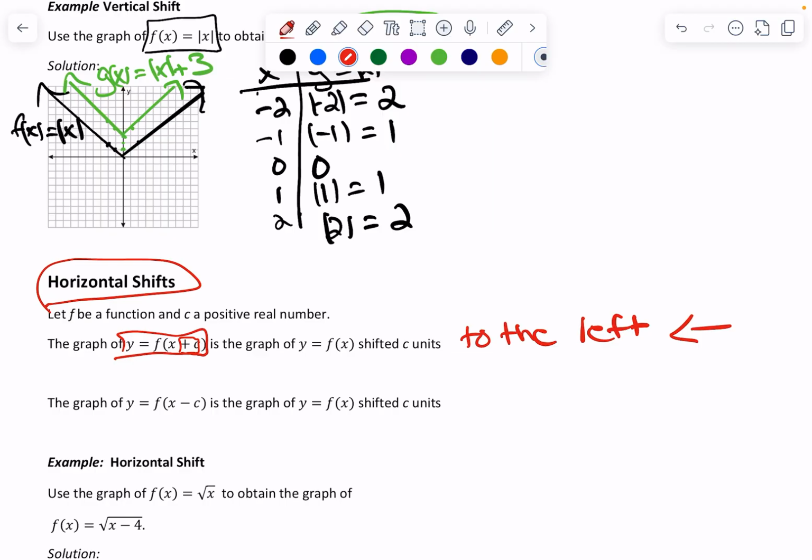The horizontal shift y equals f of x minus c is the graph of y equals f of x shifted c units to the right, even though it is a minus.